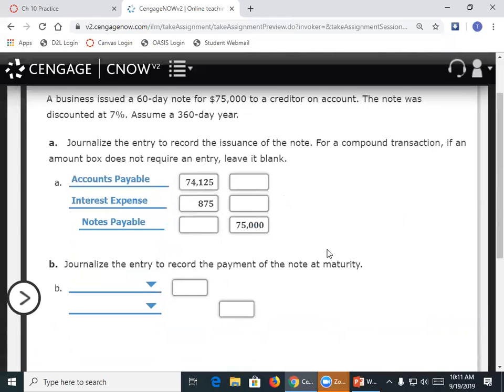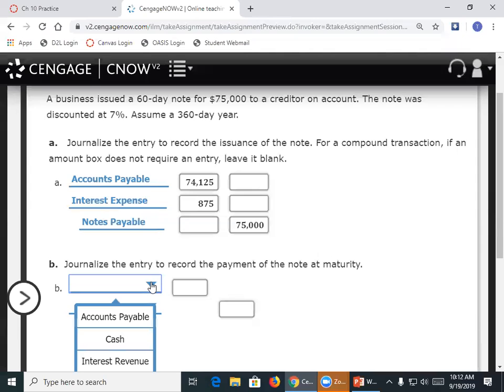So now when we pay them back at maturity, 60 days have passed, how much do we owe them? $75,000, good. When we pay a discounted note, we pay the face value because we've already recognized the interest expense. We've paid it up front.